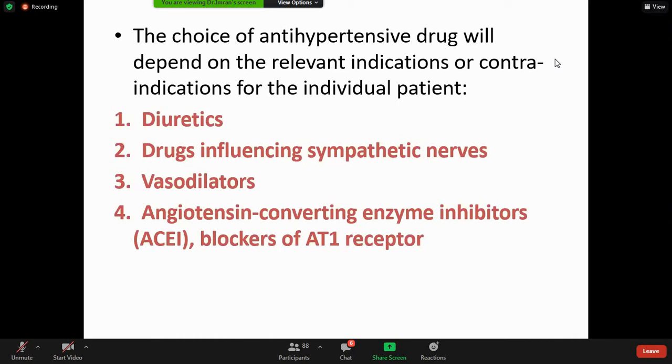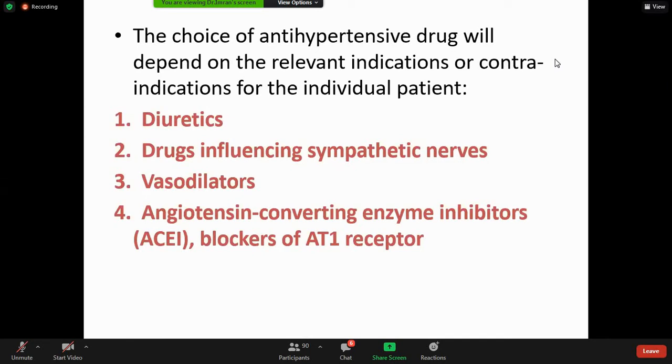When there is a change in posture, for example, from the sitting position to the standing position, this downward movement of blood flow is prevented, to avoid syncope, by stimulation of alpha-1 receptor. So the vessel is constricted and it prevents the downward movement of blood. This is how it controls postural hypotension.